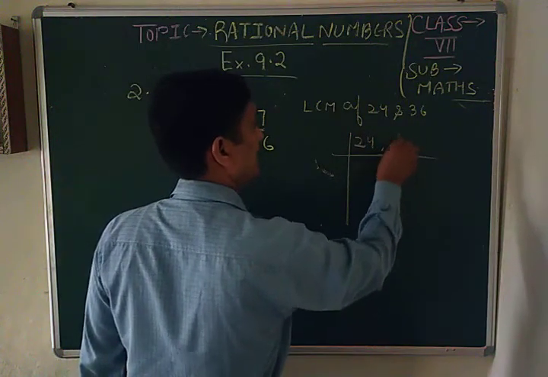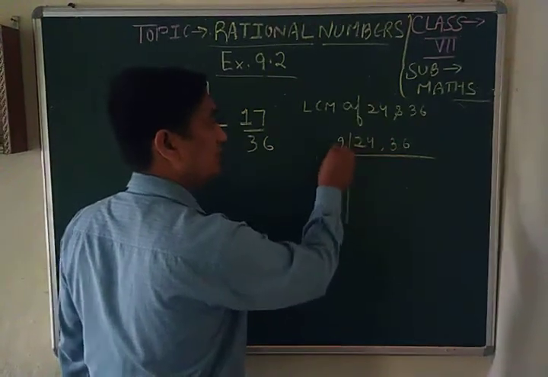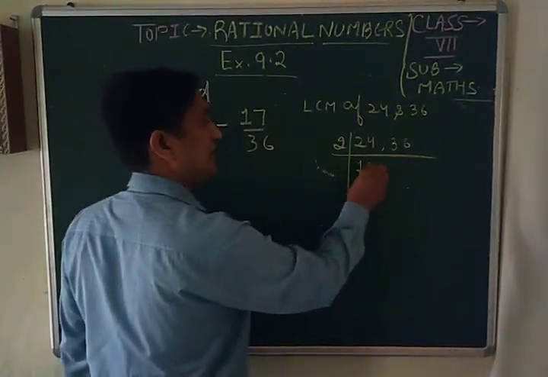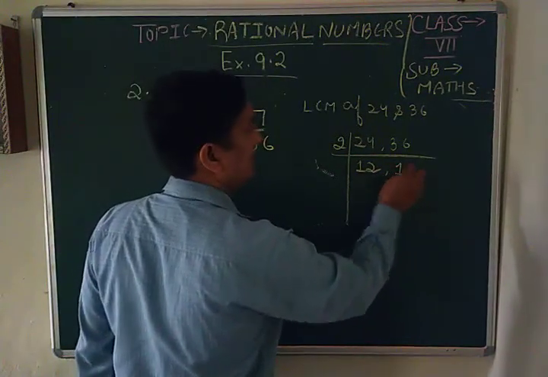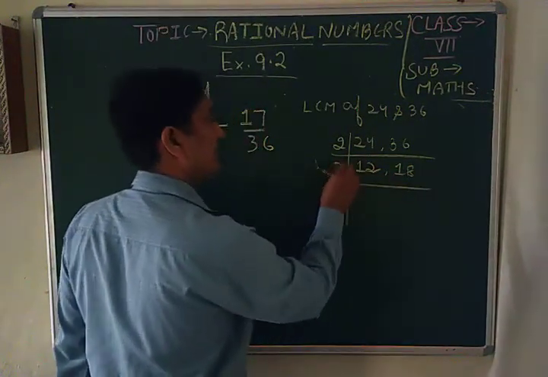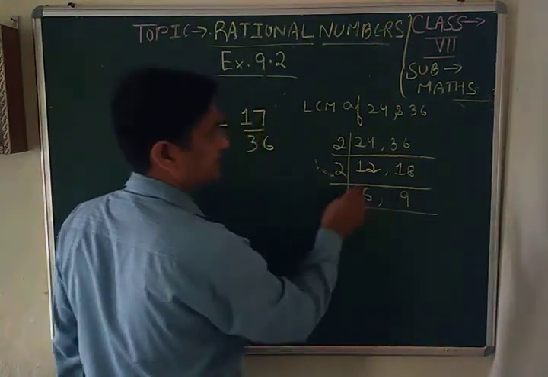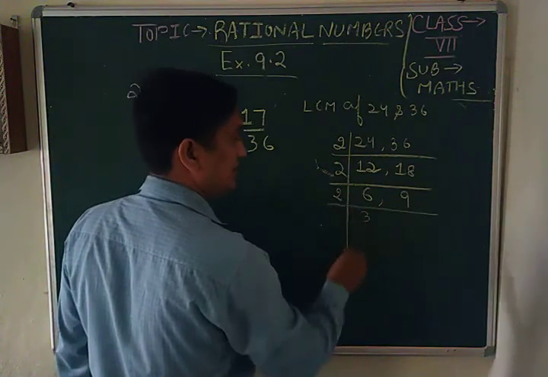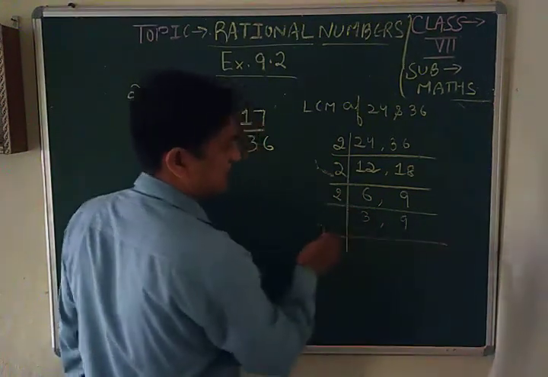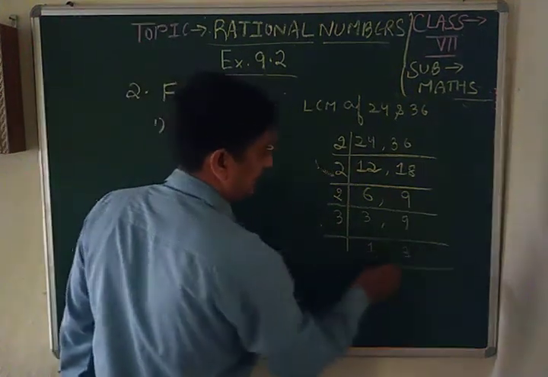24, 36. Both are divisible by 2. 12 2s are 24, 18 2s are 36. Then again by 2, 6 2s are 12, 9 2s are 18. Then again by 2, 3 2s are 6, 9 as it is. Then by 3, 1 3s are 3, 3 3s are 9.